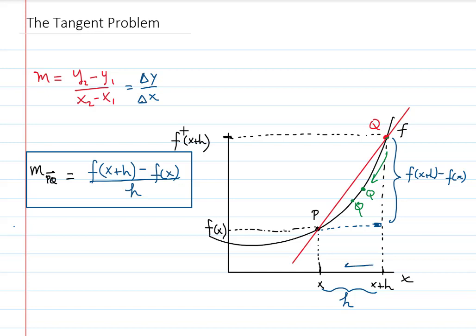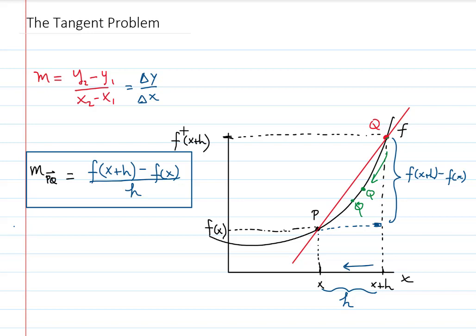In other words, it is equivalent to saying h is getting smaller and smaller, approaching zero. And this word approaching, we're going to use a lot once we define limits.